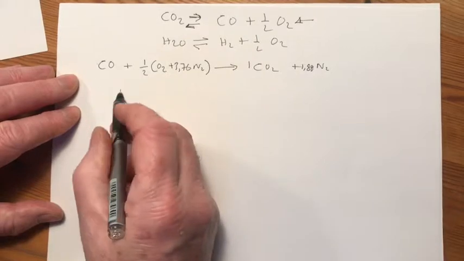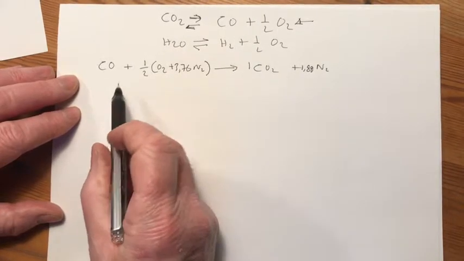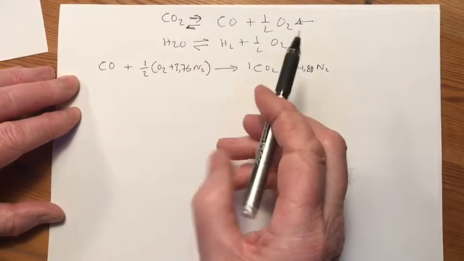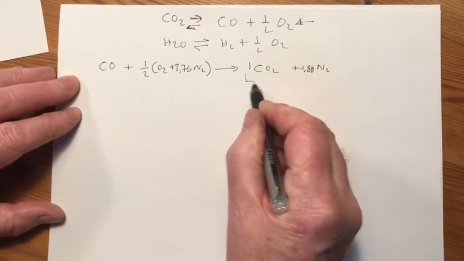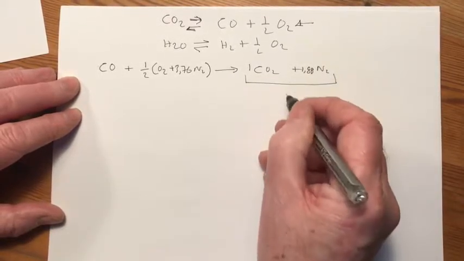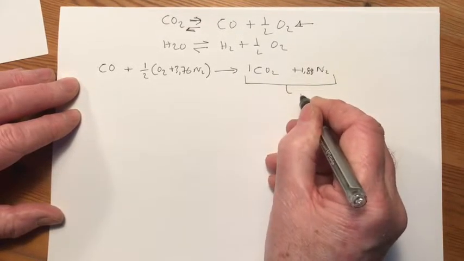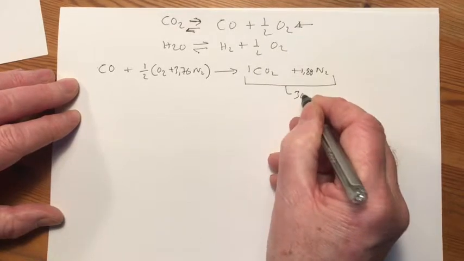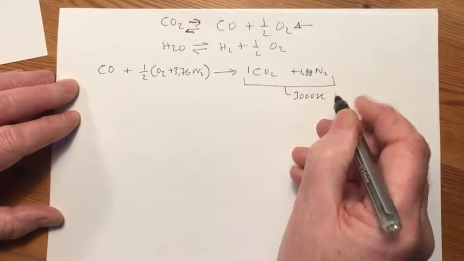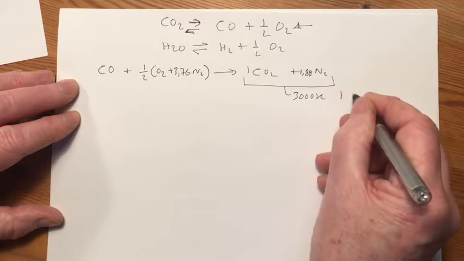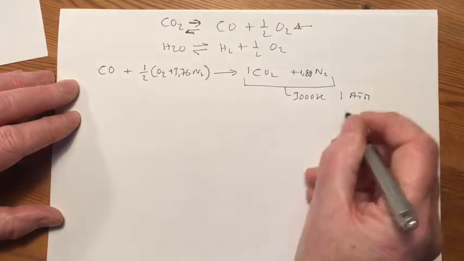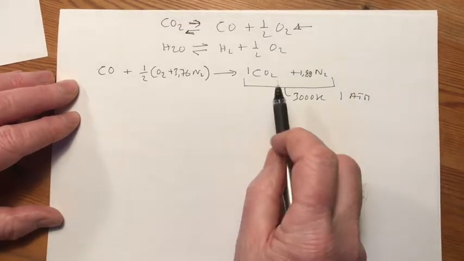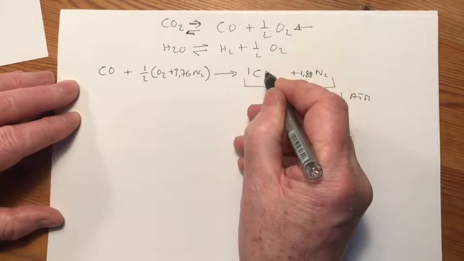Good. So now when we consider this composition here, which occurs here, we assume that this composition is at 3000 Kelvin and is also at 1 atmosphere. Now this is not necessarily the combustion temperature of this.